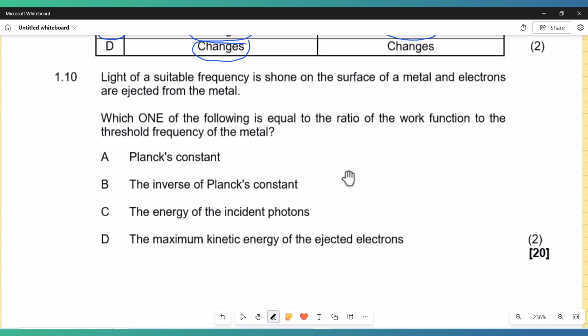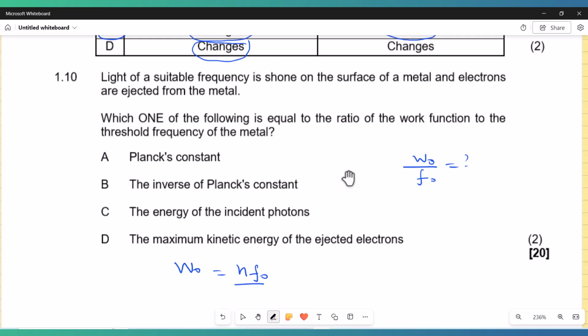We need the ratio. Ratio means we are dividing the work function, that's W naught, by the threshold frequency, that's f naught. Now, we know that the work function is given by Planck's constant multiplied by the threshold frequency.